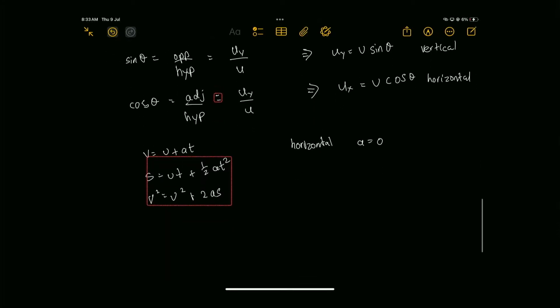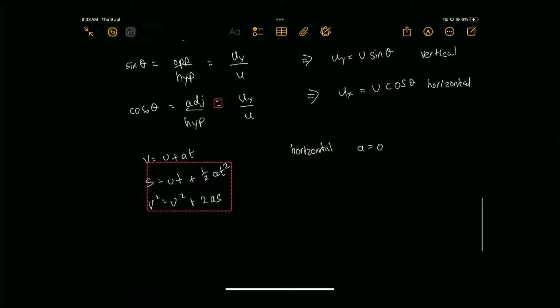So I wrote these equations of motion down here. So in the horizontal component, there are no forces acting on the ball, right? Ignoring air resistance. So therefore, if there are no forces acting on the ball, the acceleration of the ball is equal to 0.